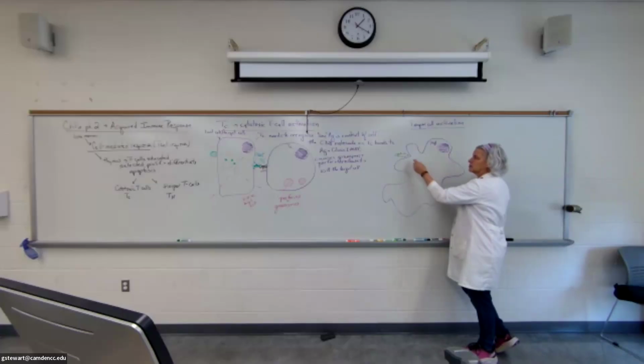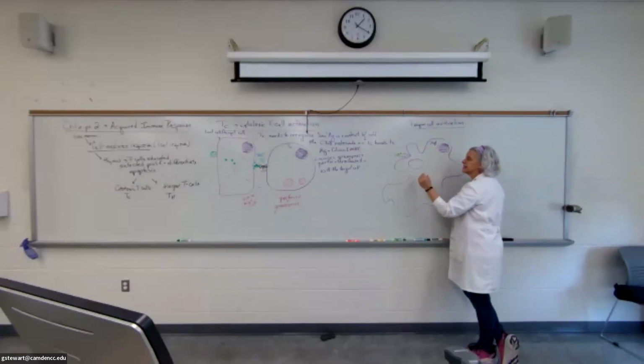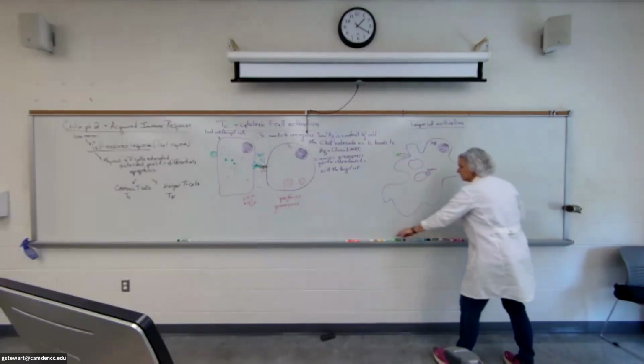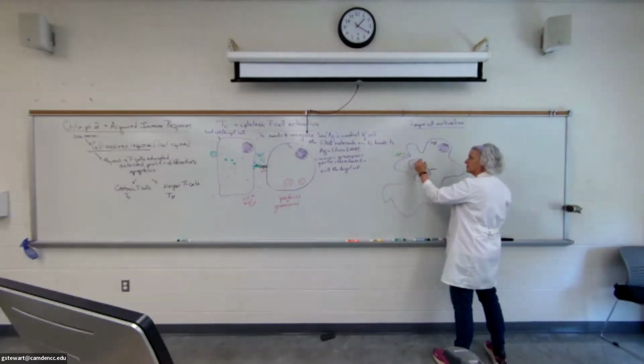From phagocytosis, from what we learned last week, this bacteria is going to get ingested, right? It's going to go into an endocytic vesicle that's going to become a phagosome. And the phagosome is going to fuse with the lysosome to become the phagolysosome, right? I'm going to put my bacteria in here dying a slow, painful death.